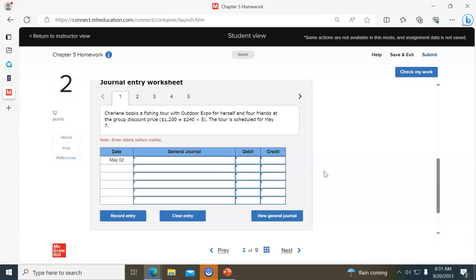This was booked on May 2nd, and the tour is scheduled for May 7th. On May 2nd, what are we going to do? No entry. Why are we not going to do an entry? No events taken place, has it? So there's no entry here.